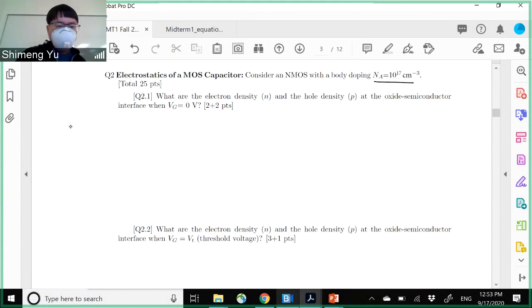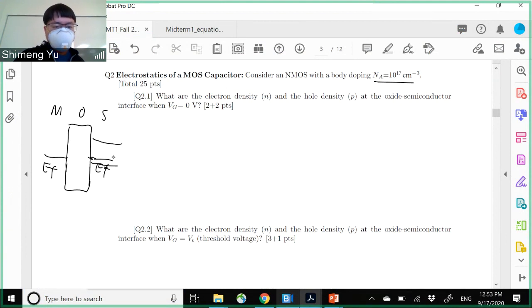So if you recall the band diagram for the MOS cap, we are asking you at 0 voltage, then you know it's equilibrium. So the EF in the metal and the EF in the semiconductor should be aligned. And this is a p-type substrate. So you know it's something like this. EV, EC.